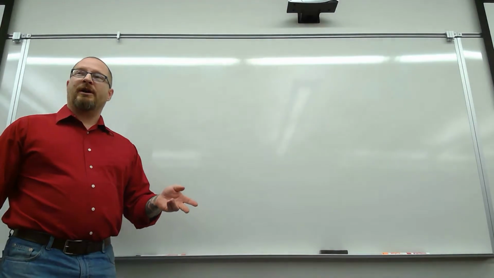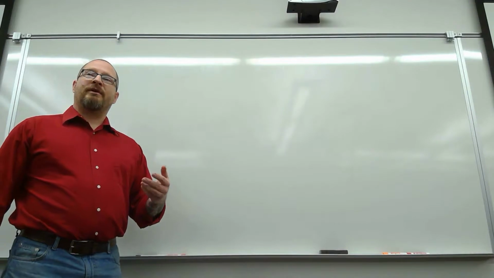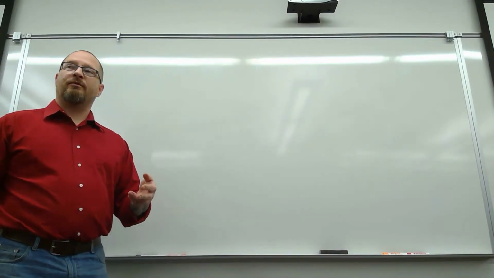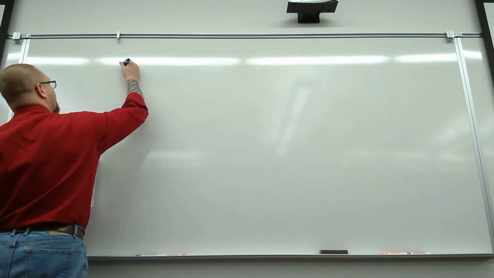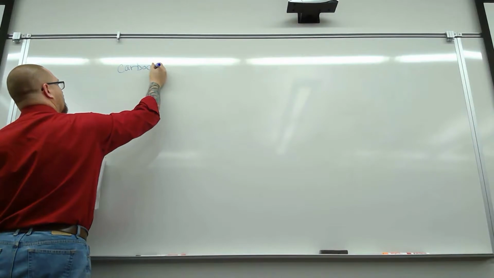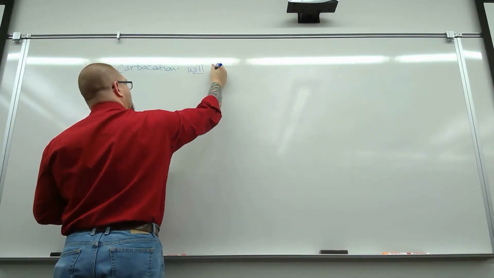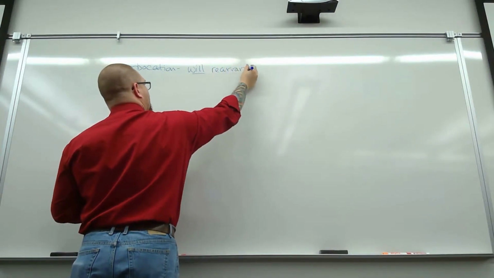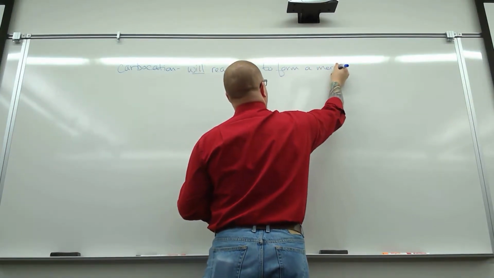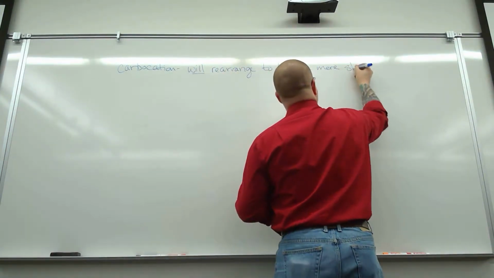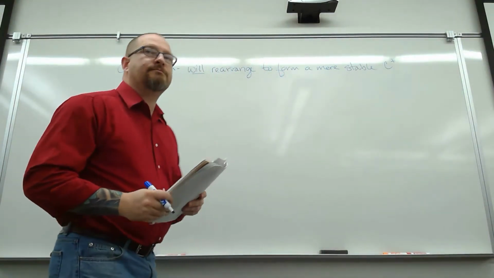There's a problem with carbocations. Carbocations are subject to structural rearrangements, both by 1,2 hydride shifts and 1,2 methyl shifts. So the issue with carbocations is they will rearrange to form a more stable carbocation, if they can.